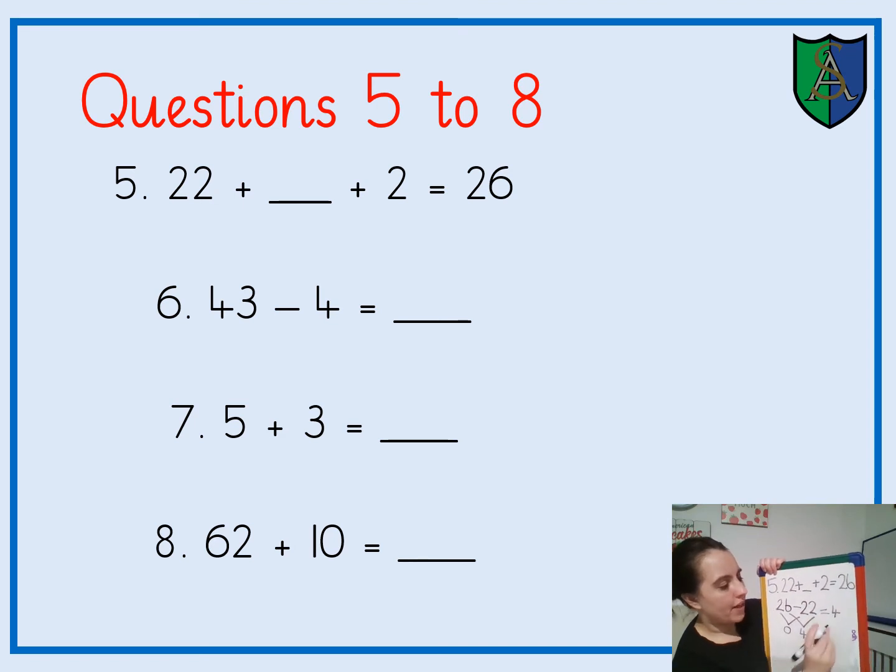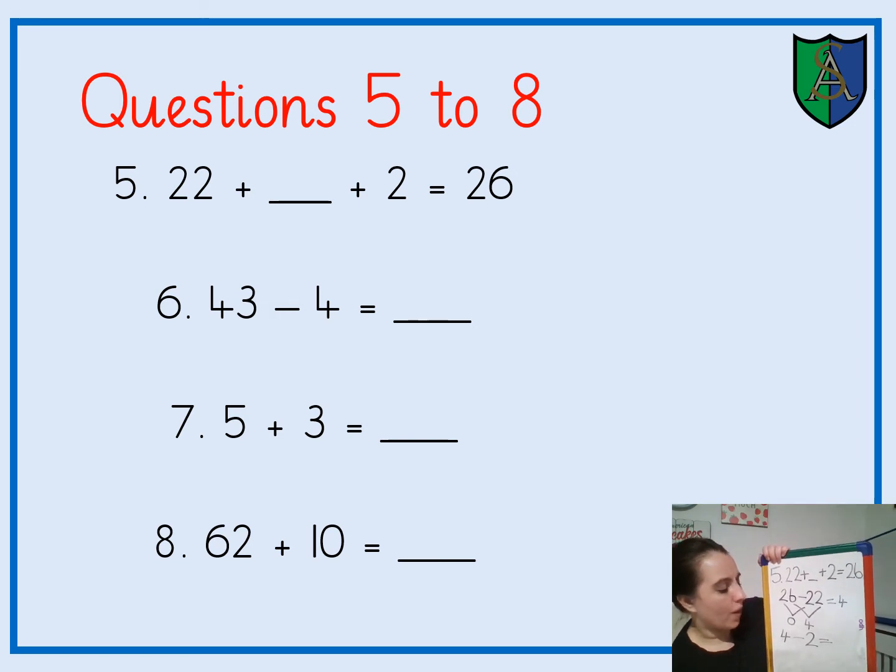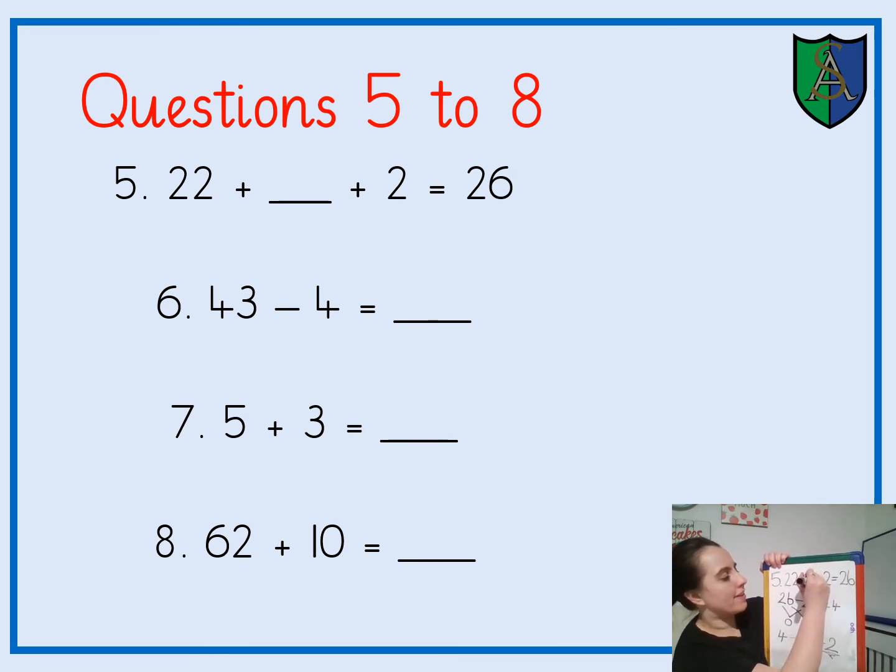Okay, then I'm going to take my answer 4 and I'm going to take away the other part of my calculation. I'm going to take away this 2. Okay, so 4 take away 2 is 2. Brilliant. So that is going to be my answer.